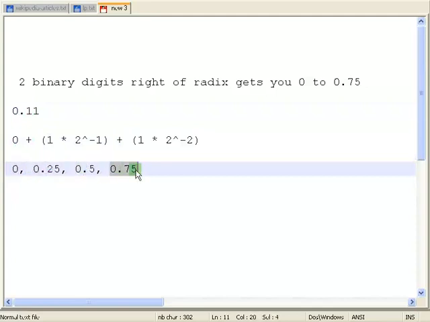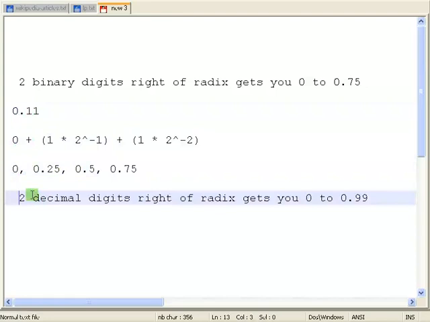But now consider when we have 2 decimal digits right of the radix point. That gets us the values 0 to 0.99, and all the values in between, like 0.11, 0.13, and so on. So what is the same here? Well, here the numbering system with the higher base got us a larger value using the same number of digits, just like it did on the left side of the radix point.